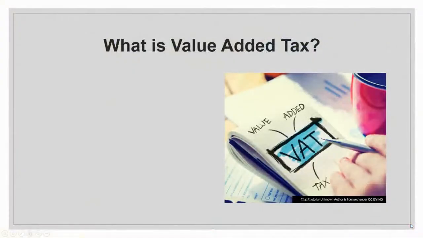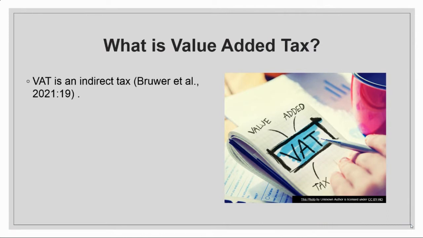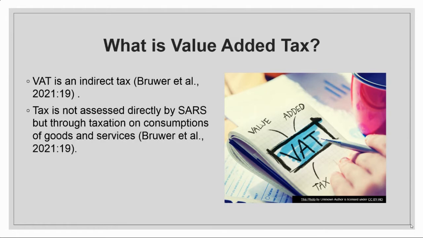Okay, so let's just start with what is value-added tax. I know all of you probably already know this, but it is an indirect tax. So it is a tax that is levied on consumption of goods and services. Now, that is what is very important to remember. It is on the consumption of goods and services.